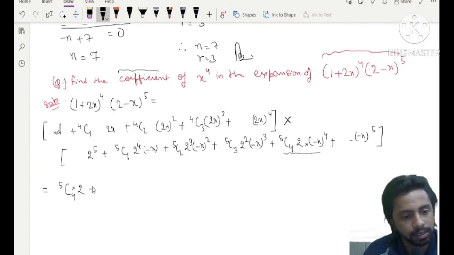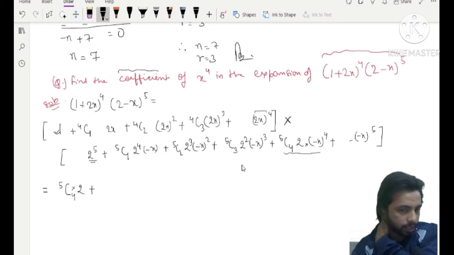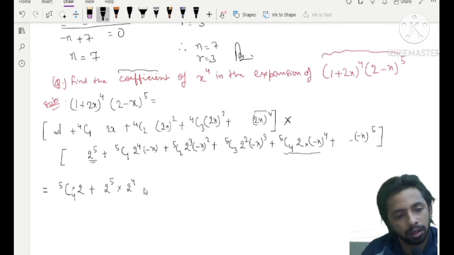Next, give plus sign and then search for other possibilities. Also 2 to the power 5 here, if it gets multiplied with 2x to the power 4, you will obtain a term containing x to the power 4. So 2 to the power 5 multiplied by 2 to the power 4. Next possibility.